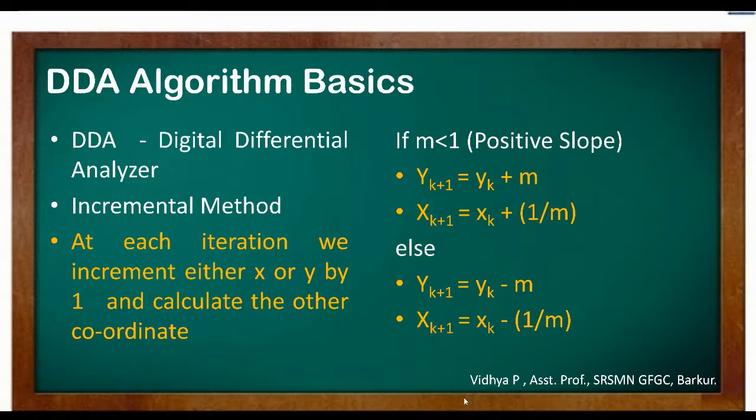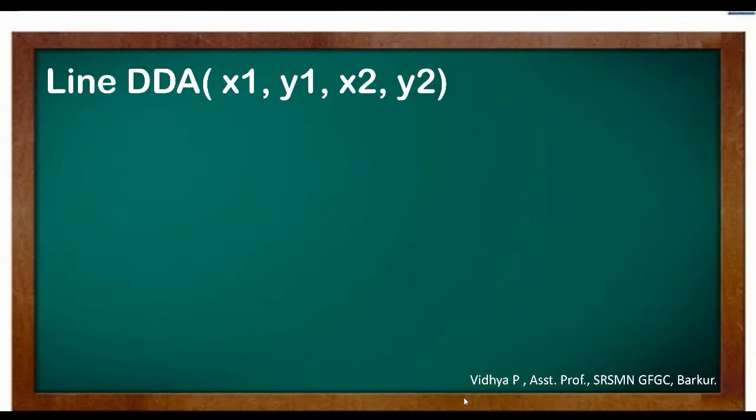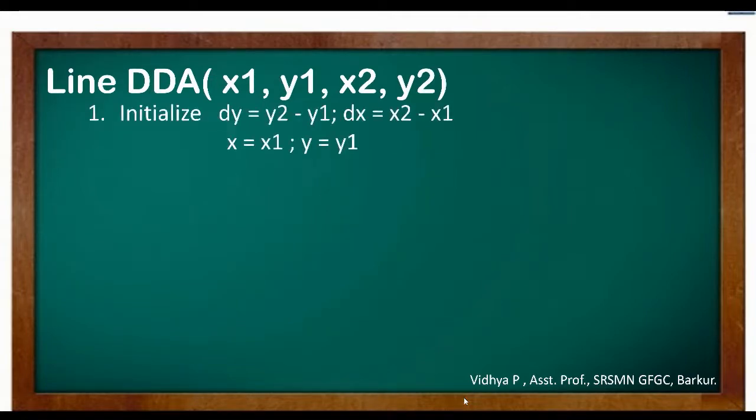In this line DDA algorithm, first we initialize dy = y2 - y1 and dx = x2 - x1, and we also initialize the initial x and y values as x1 and y1.